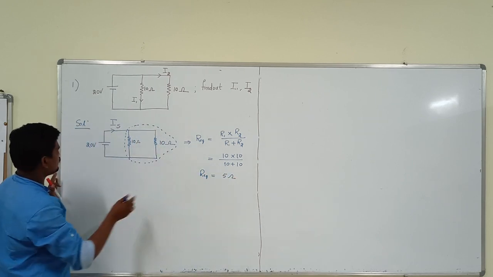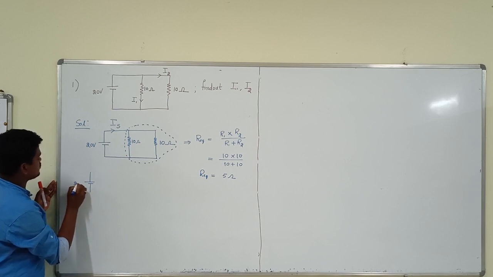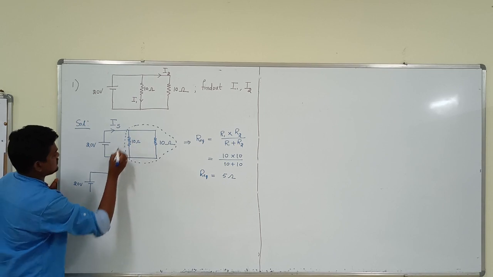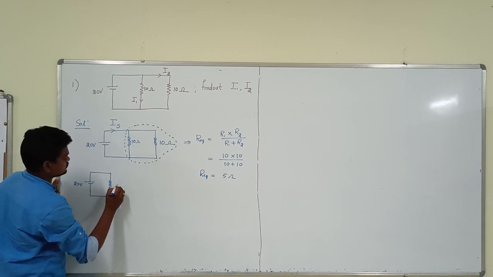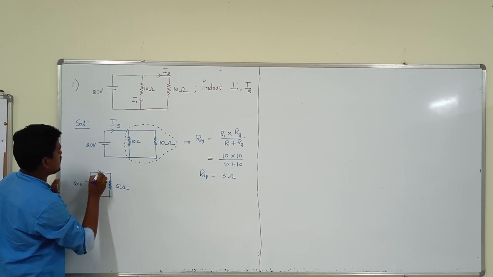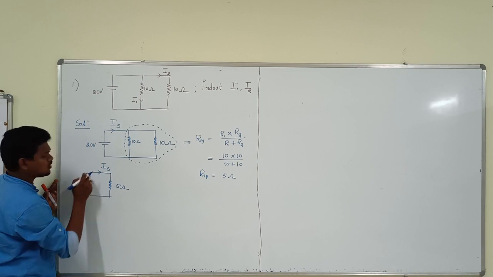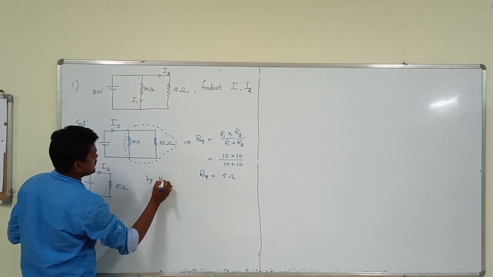So just write the 5 ohms here. Now the 20 volt source is connected with a single resistor of 5 ohms.